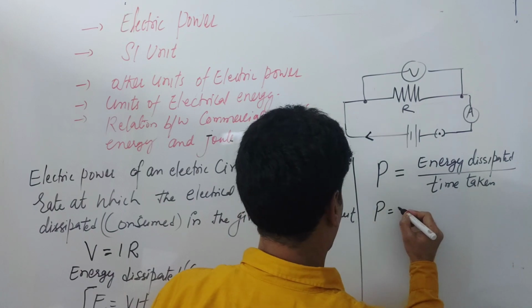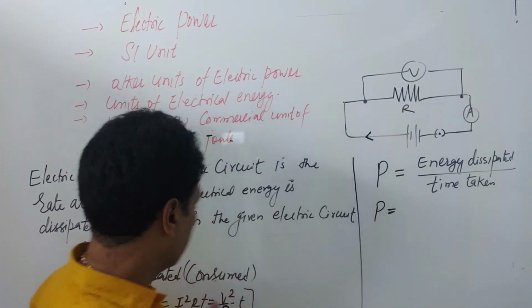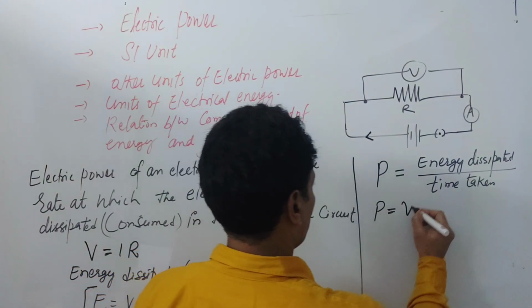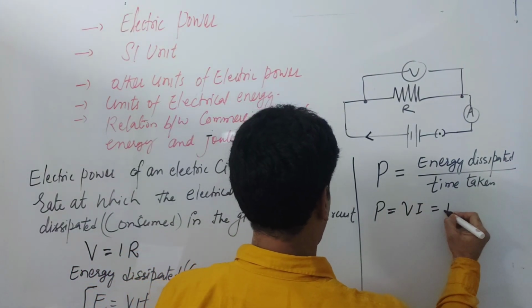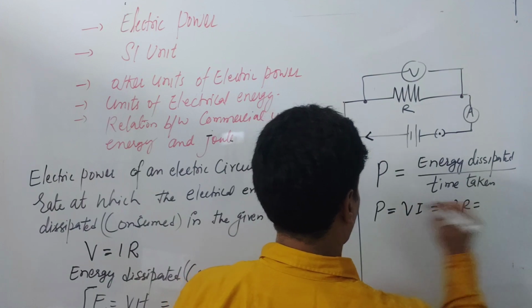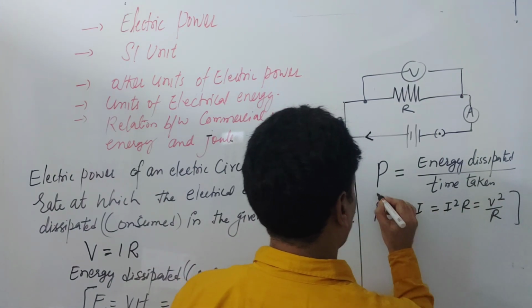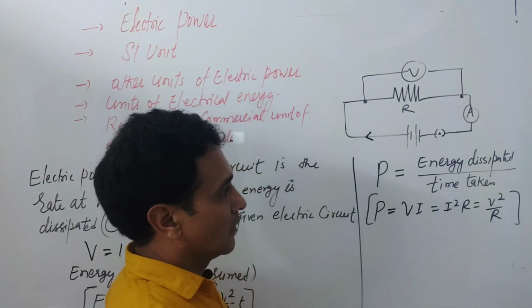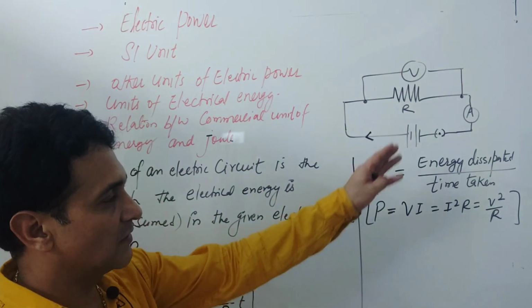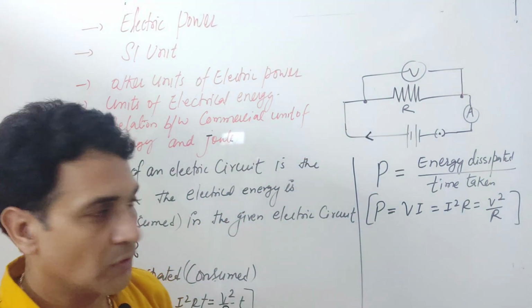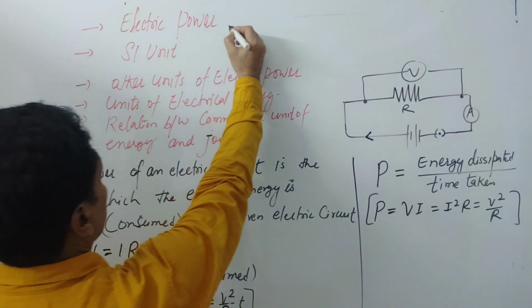We can use these formulas. When we divide all these formulas by time, we get VI, second I square R, and third V square upon R. This is the power consumed across this circuit. So this electric power is over.